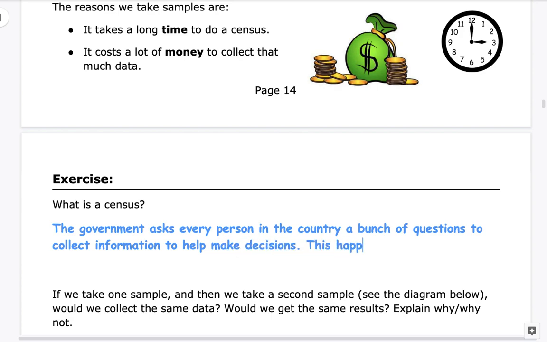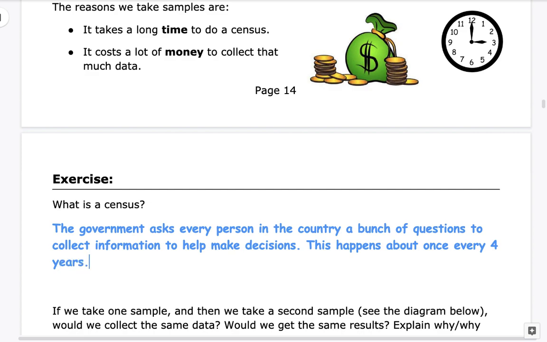Okay, this happens about once every 4 years and costs hundreds of millions of dollars.